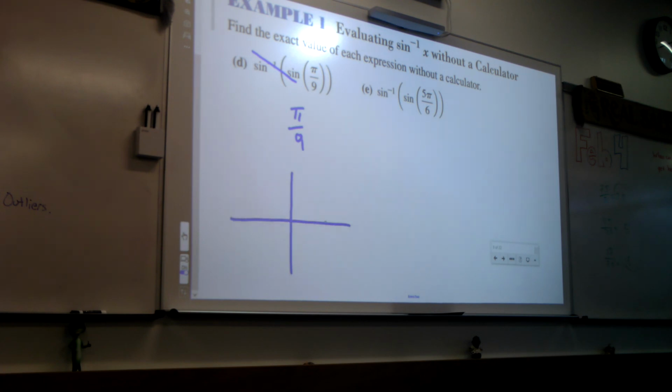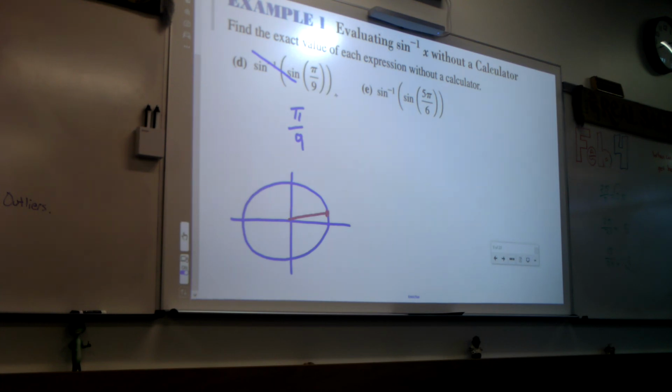That was fun. Now, let me just go over why it cancels here, okay? If we look at pi ninths, which quadrant is pi ninths going to be at? Do you see where pi 6 is? So it's going to be less than pi 6, right? So it's going to be, let's just say it's right there, this small angle. I'm going to draw it in right here. So let's just say that angle right there is pi ninths.